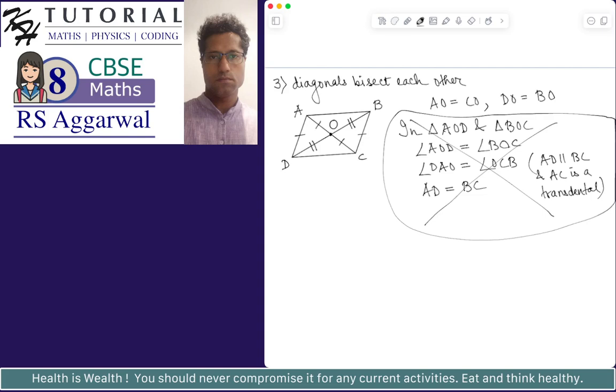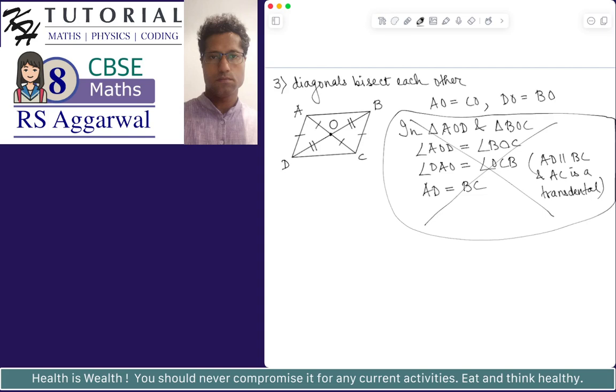And similarly, AO and OD should be two sides of one triangle, and OB and OC should be the corresponding sides of another triangle, and these two triangles should be congruent.